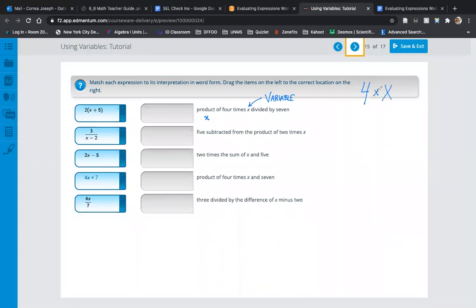Unless you're making your multiplication symbols really small, your variables really big, at some point you're gonna mix these up and confuse multiplication for a variable. So I think I mentioned this last week. That's why once we start getting into 7th grade math, 8th grade math, we really don't use this x for multiplication anymore. We just start using a dot or nothing at all. So 4 times x I would write as 4 dot x, or simply just 4x. All right, so again, product, I'm looking for multiplication somewhere.